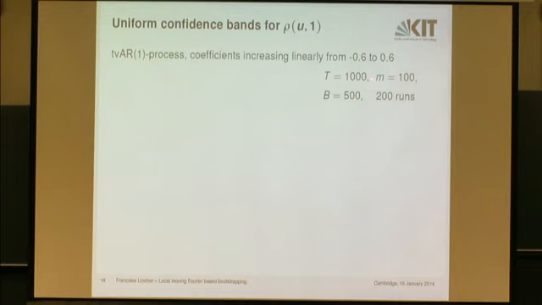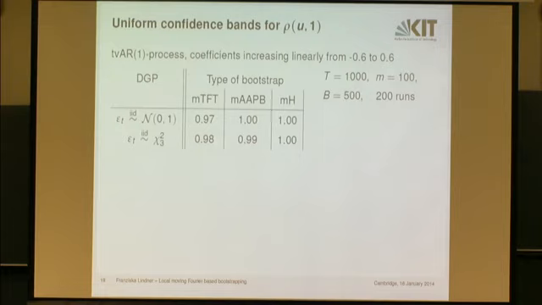I did 500 bootstrap replicates, and I wanted to get some empirical coverage rate, and therefore I used 200 runs. For generating innovations that are standard normal IID, the moving TFT bootstrap had an empirical coverage rate of 0.97. We constructed 95% confidence bands.